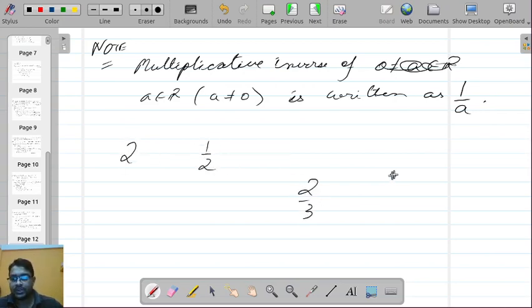The multiplicative inverse of 2 by 3 is 1 divided by 2 by 3. Of course that comes out to be 3 by 2 by our usual notation.